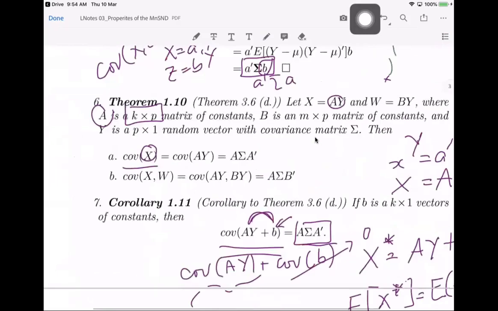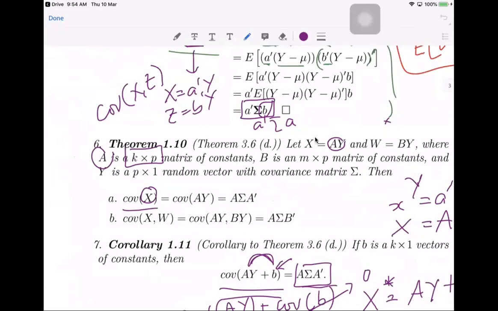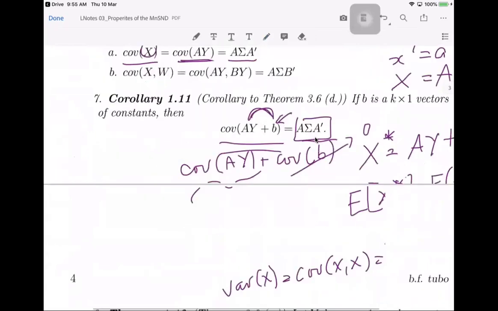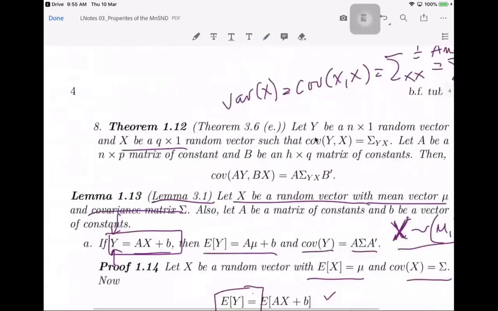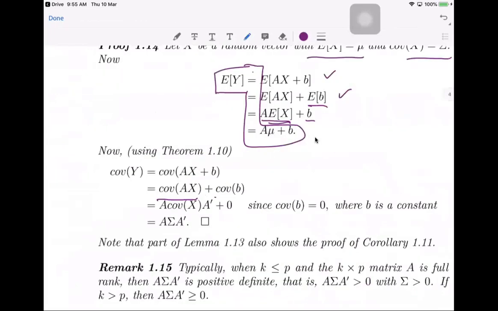If you get a transformation, something like this, that is equal to that. So this is equal to this. You can do this linearity because B is just a constant, but that is not true whenever you have two random variables.